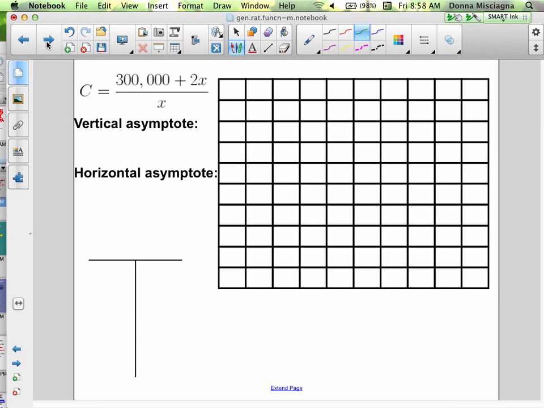Which is the independent variable? Wheelchairs. And therefore, of course, our dependent is the cost. The more wheelchairs we make, the more it's going to cost. But for how long? How much more does it cost?